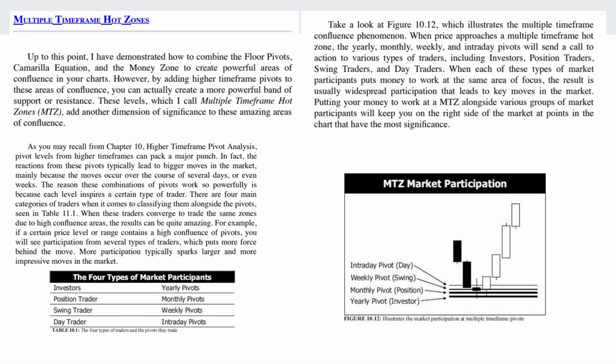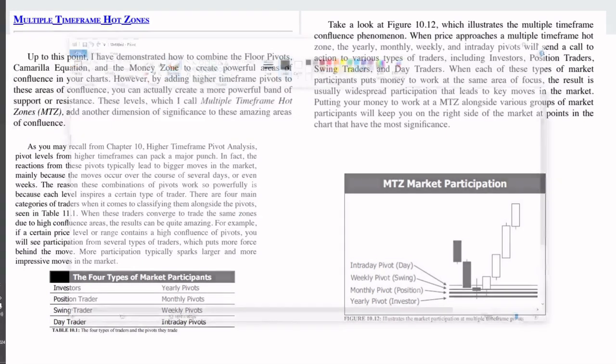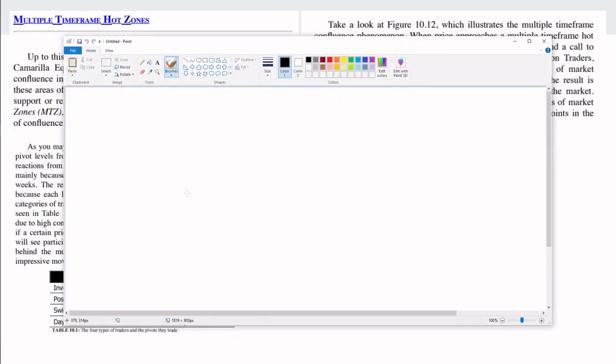So the main ideology he is discussing over here is, say for example, there is a point where the yearly CPR is lying, and at the same place the monthly CPR is lying. Assume that this is the 2024 yearly CPR, this is the March monthly CPR, and in that March there is another CPR, this is the weekly CPR of the second week.